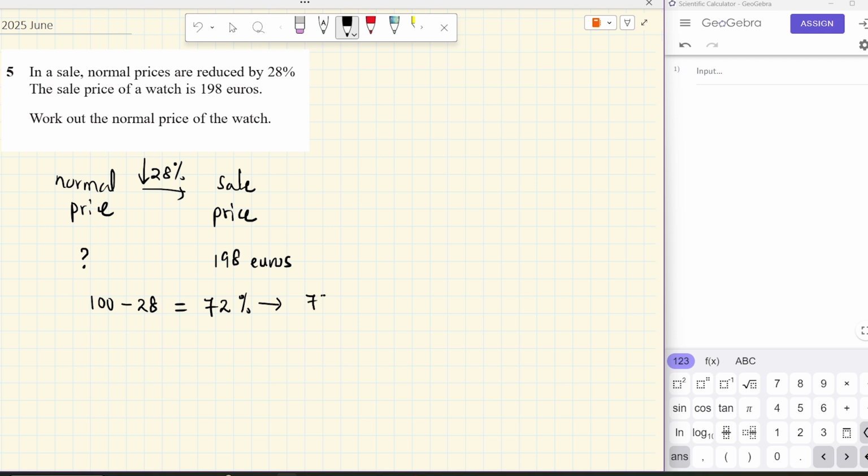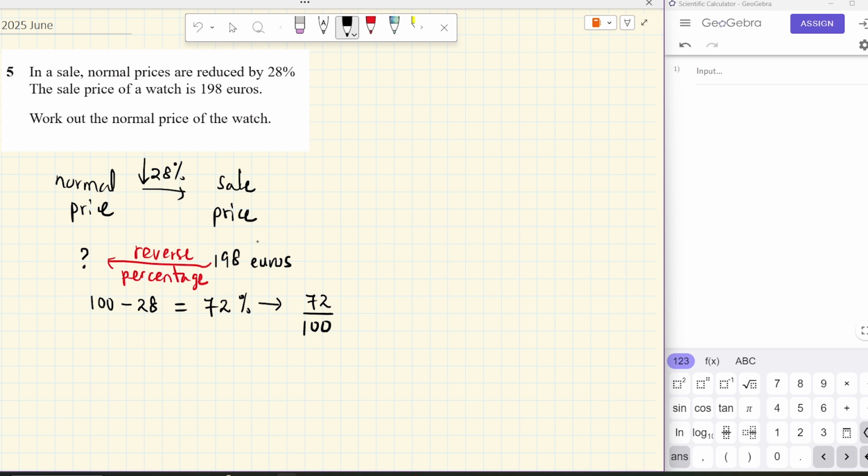That is 72 over 100. Now you can see here, we need to find the initial price. When you find the initial price, this is called reverse percentage. How do you find the reverse percentage?